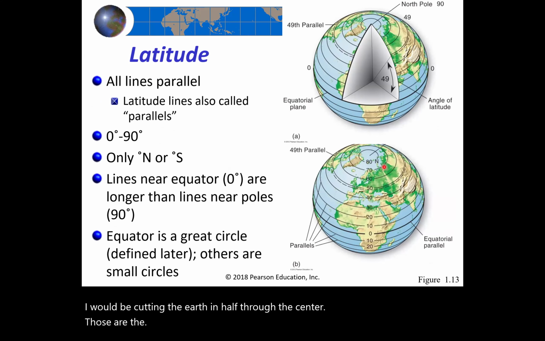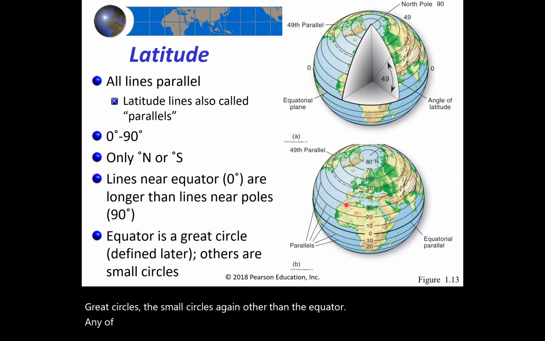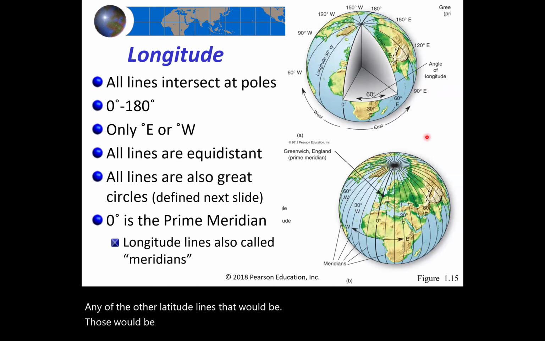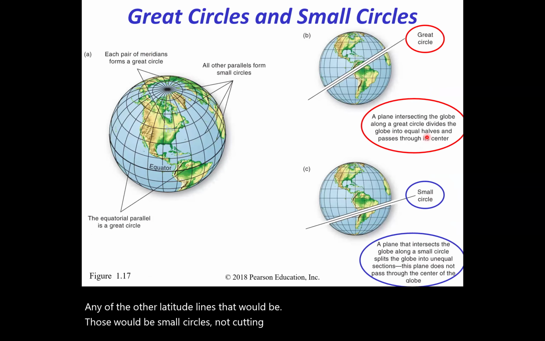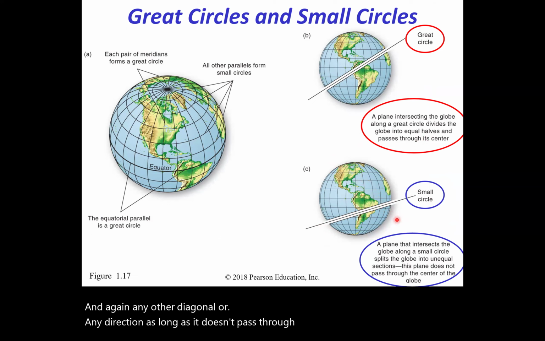The small circles, again, other than the equator, any of the other latitude lines, those would be small circles, not cutting in half, not going through the middle. And again, any other diagonal or any direction, as long as it doesn't pass through the center, it is a small circle. So why does this matter?